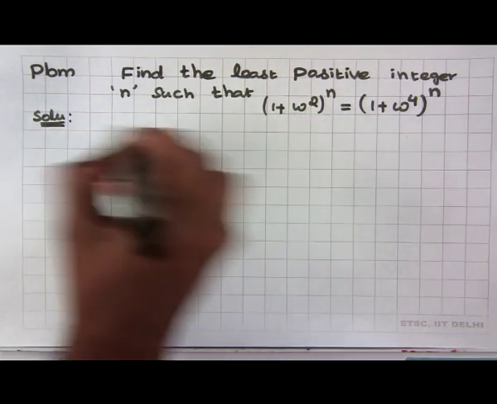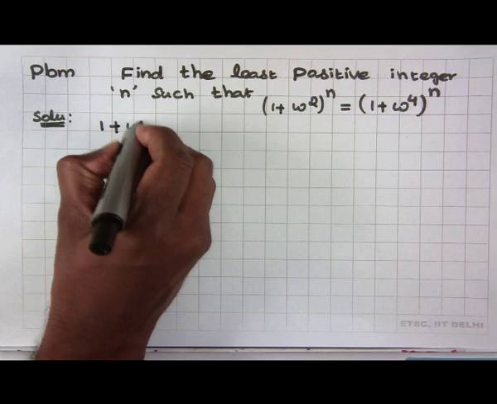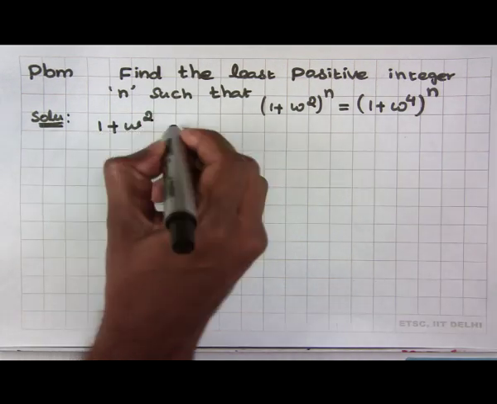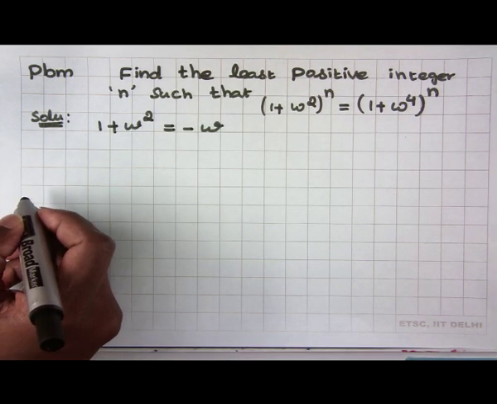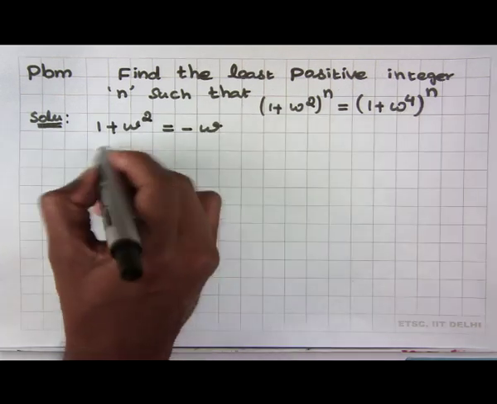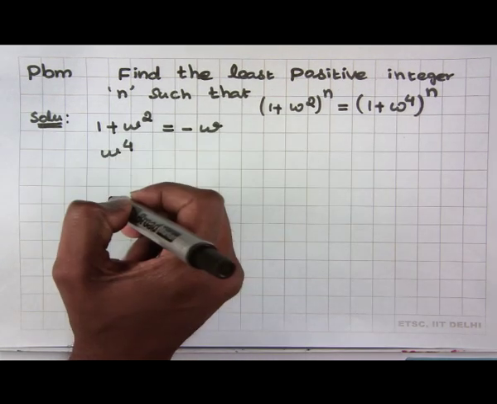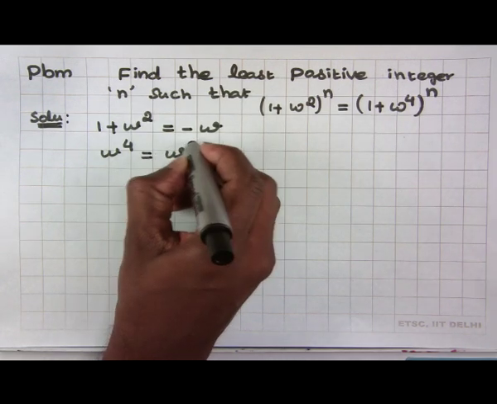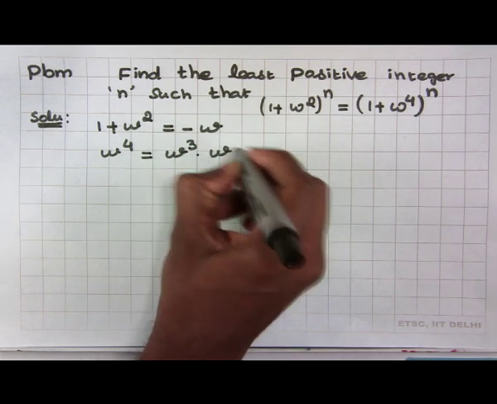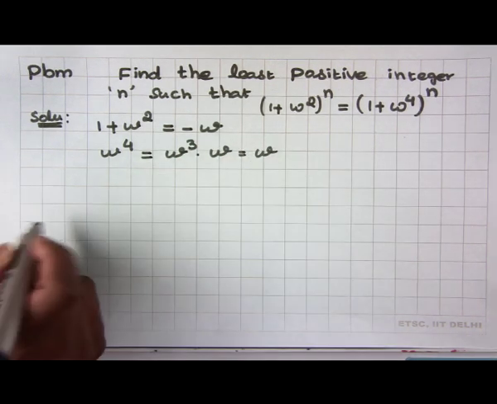So, by this expression we can use that 1 plus omega square is minus omega, and omega power 4 is just omega cube multiplied with omega, which is just omega.